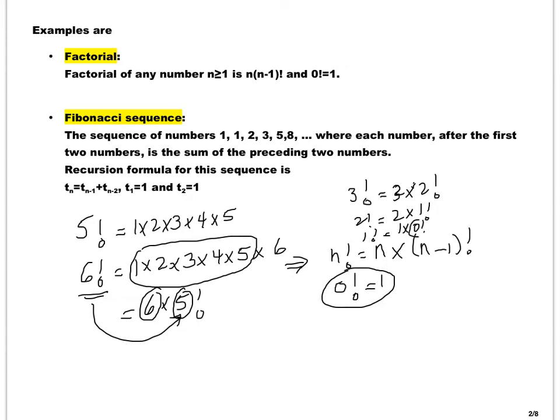If I don't define 0 factorial to be 1 and stop the definition of recursion, then this definition is going to continue forever, because then I'm going to write 0 factorial is 0 times minus 1 factorial, and it goes on and on forever. So that's one of the conditions of recursive definitions. There has to be an ending point here.